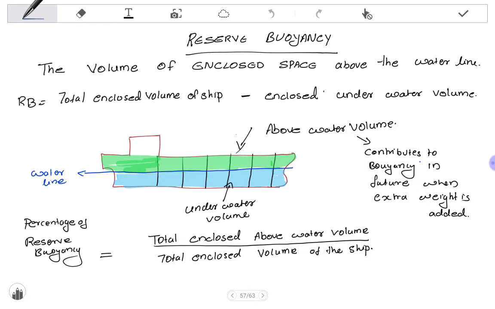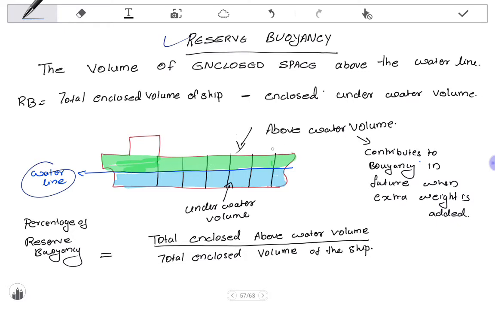Now another thing is reserve buoyancy. Reserve buoyancy is the volume above the water line of the ship.